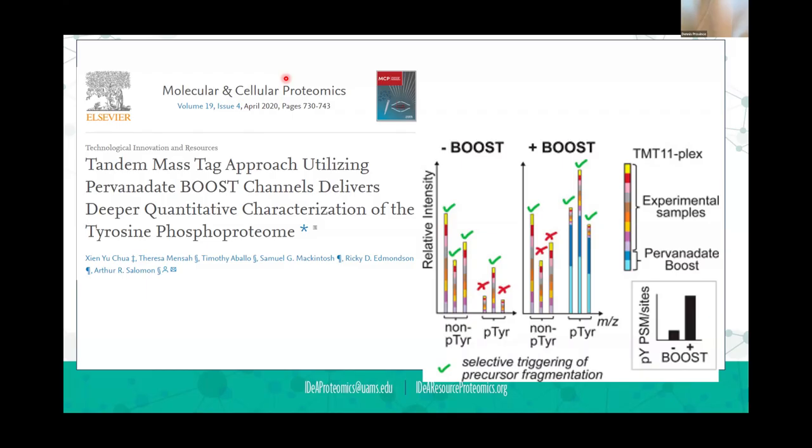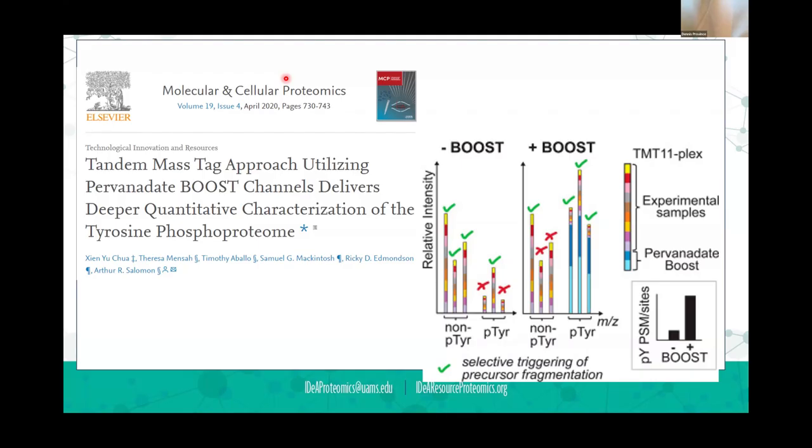I mean, you're starting with a lot of material, you're enriching, but it's still really low level. And at the time, people were using TMT and starting to do single cell or small populations of cells, using a few of the channels to boost the signal.